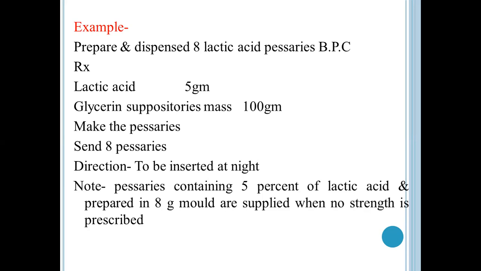It is the same procedure. If you have understood the suppository procedure, then it is easy to understand how to formulate the pessaries. So again, the next step is to keep the porcelain dish in the hot water bath.